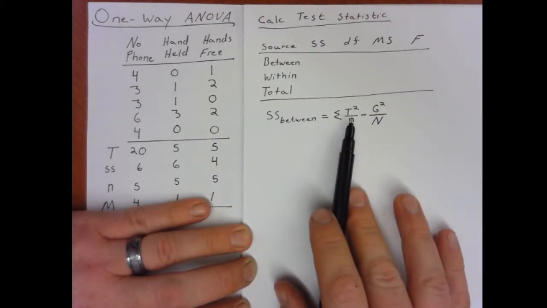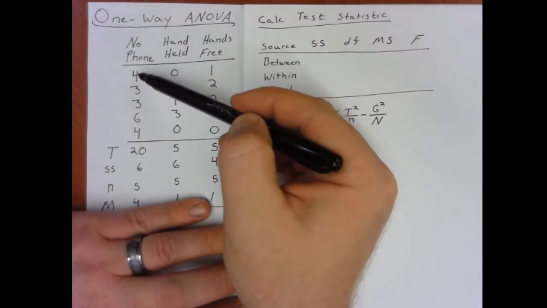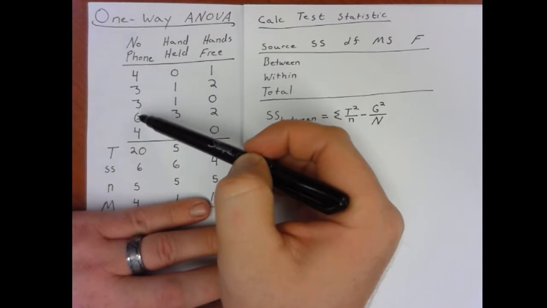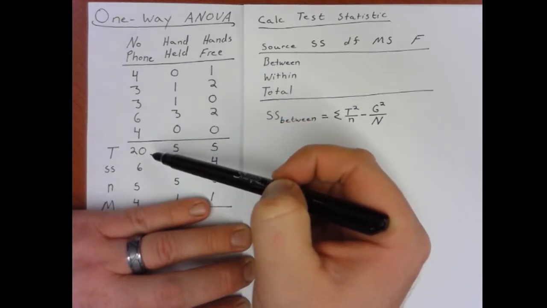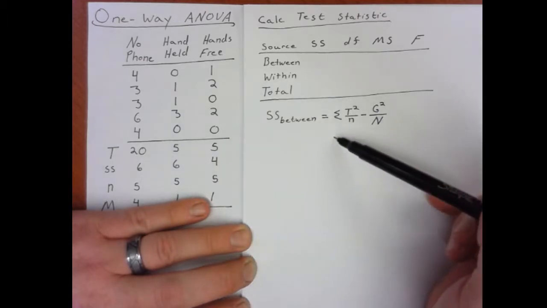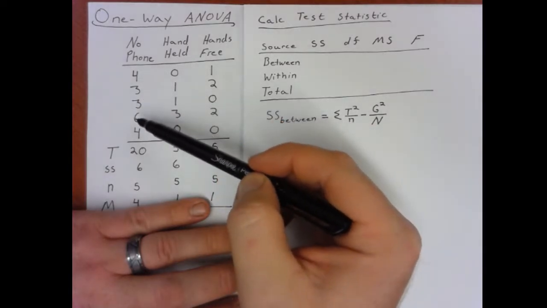T, which is the sum of scores inside a single condition. So inside the no phone condition, if we were to add up all these scores, we would actually get 20. This basic math has already been done for us in this example. N, specifically lowercase n, is the number of scores in that group or condition. 1, 2, 3, 4, 5.